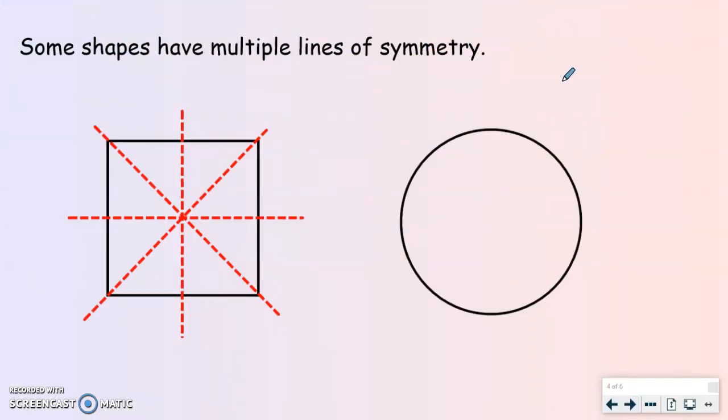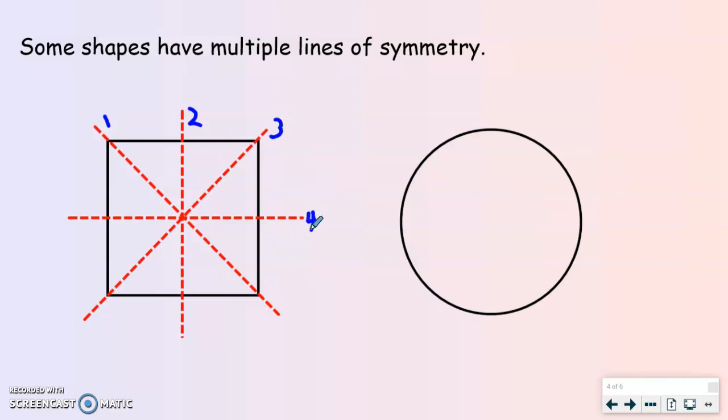Now, on the other side, you can have shapes that have multiple lines of symmetry. So here on the square, we see that there is one. If I folded the square here, these two sides would match up. Two, if I folded it in half like that piece of paper. Three, if I folded it along the other diagonal.